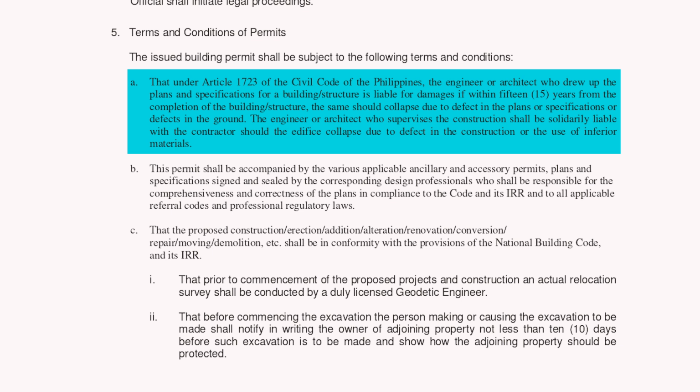Now, a common question would be, between the two, engineer or architect, sino talaga yung mananagot? It's not very clear, to be honest. Now, I have read a few Supreme Court decisions about this. Actually, I read 2 or 3 eh. And in all of them, pareho masampahan ang kaso yung engineer and architect.